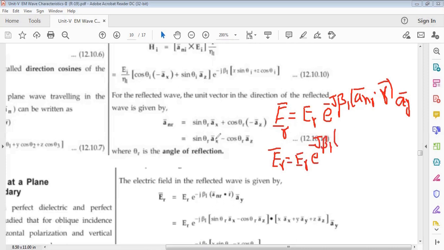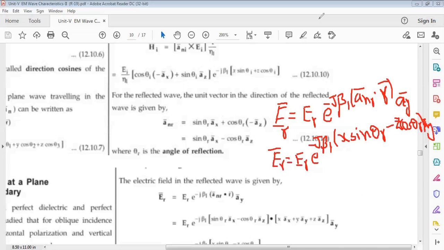Already we got the AX bar. Applying the dot product with the R, you get X into sine theta R. Got it? And cos theta R is the AZ bar. AZ bar only, the dot product is 1. So minus Z into cos theta R, into AY bar.